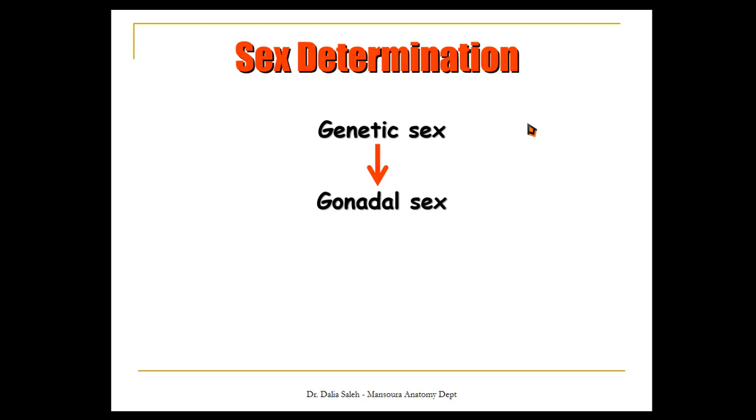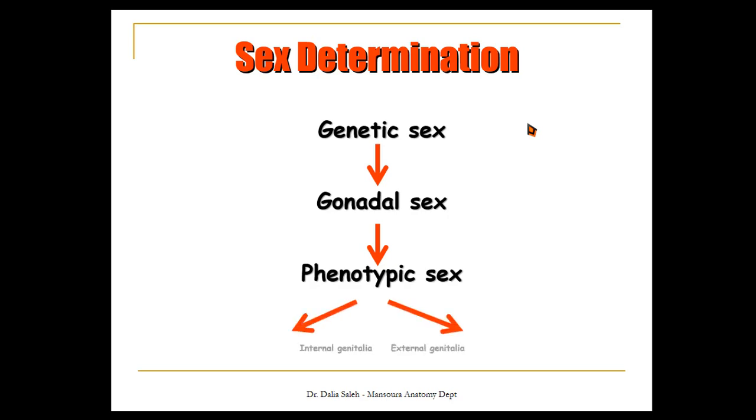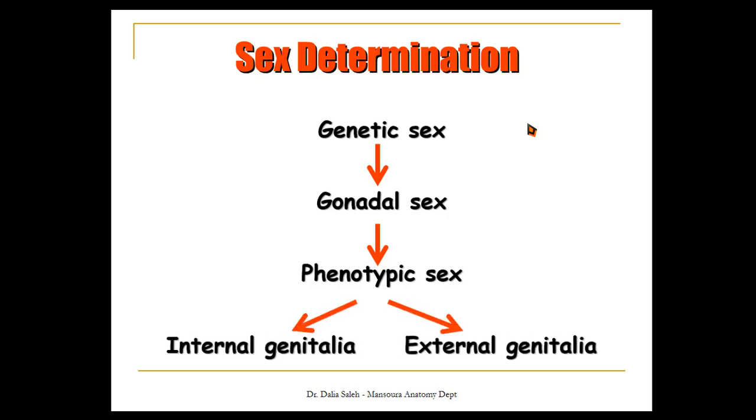And vice versa, if the embryo is XX, meaning that she will be a female, then there is no Y chromosome, so the default pathway for the development of the gonad will be towards the female side. Then, according to the gonad formed, either testis or ovary, this will affect the phenotypic sex, both in the internal genital organs and also in the external genital organs.